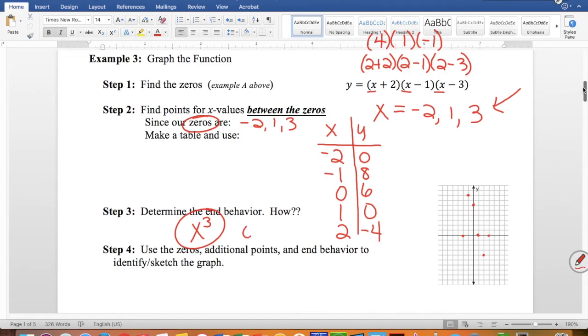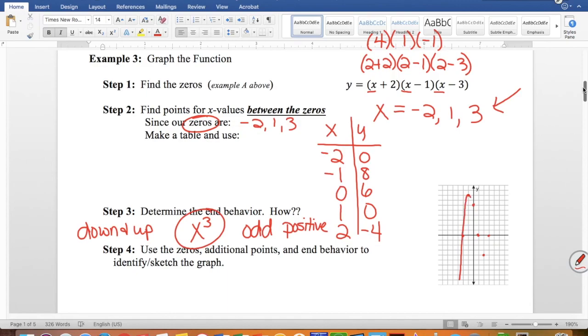So I have an odd degree and a positive a. With an odd degree and a positive a, my end behavior is going to be down and up.